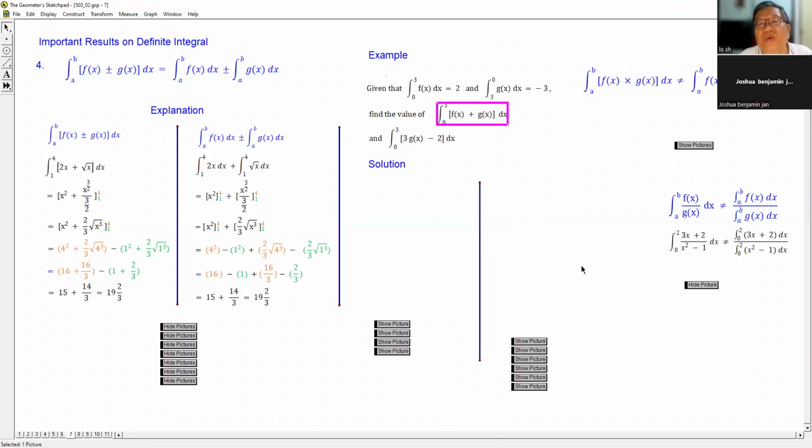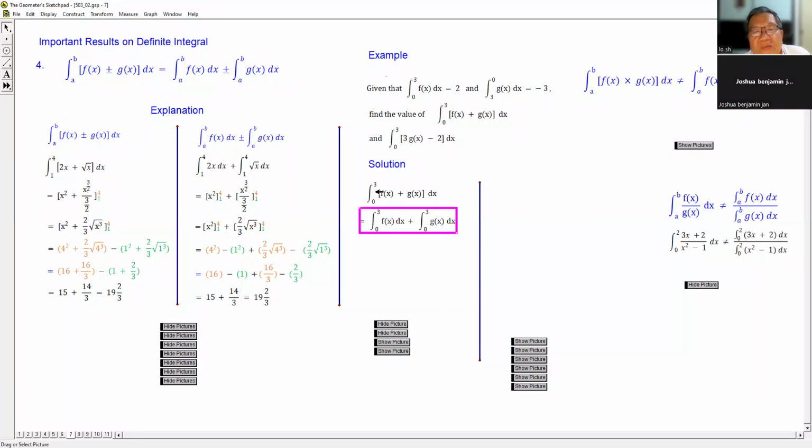Any idea what to do with this? The answer is 5. Correct. The answer is 5. So we see how to get 5.